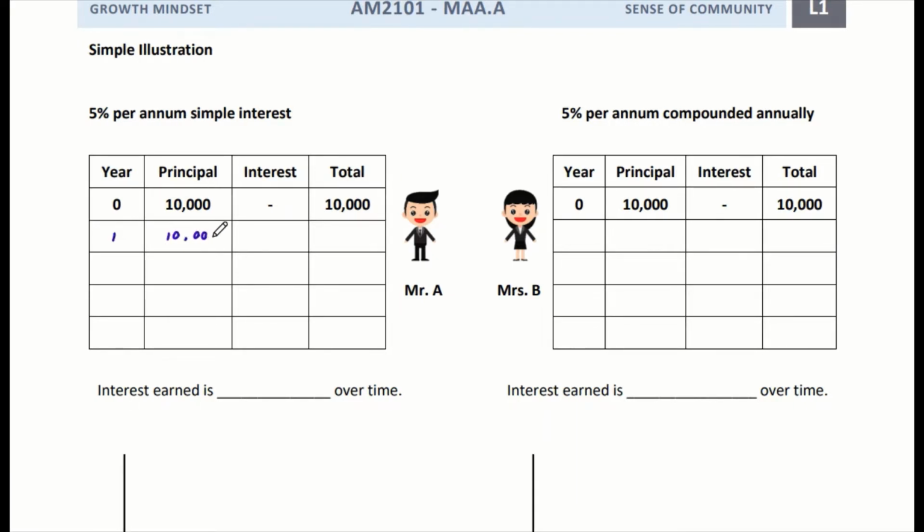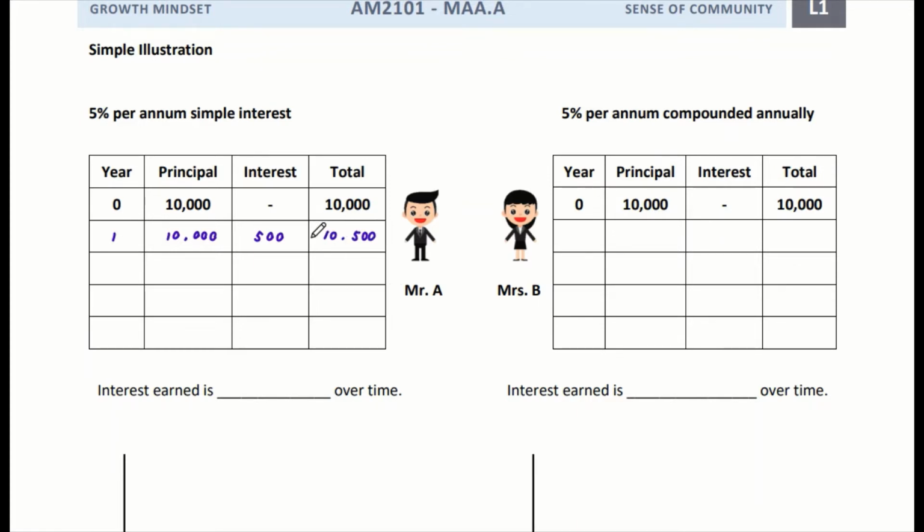But after 1 year, some interest will be generated based on this principal, which is 10,000 multiplied by 0.05, and you'll get 500. This means the principal has earned Mr. A 500 of interest. So now in Mr. A's account, he has a total of 10,500.